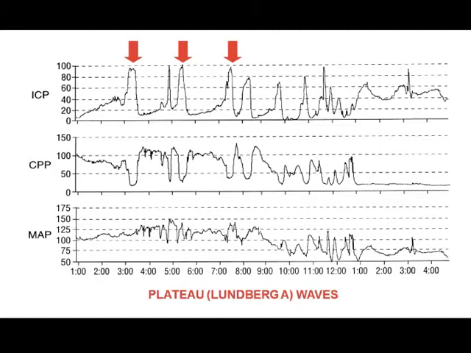If you see ICP elevations in isolation without the mirror image reduction in the CPP, these are created not by cerebrovascular events like vasodilation, but passively by usually increases in intrathoracic pressure.